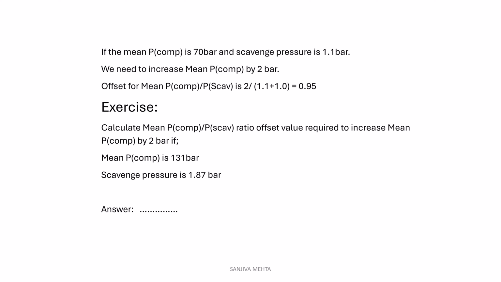All right. If you require, then you do it. Calculate the mean PCOM by P-scavenge ratio offset value required to increase mean PCOM by 2 bar, if mean compression pressure is 131 bar and scavenge pressure is 1.87. All right, your answer. Okay.